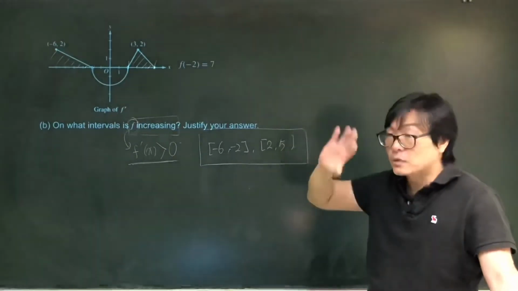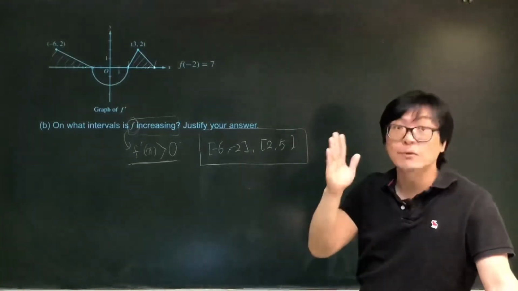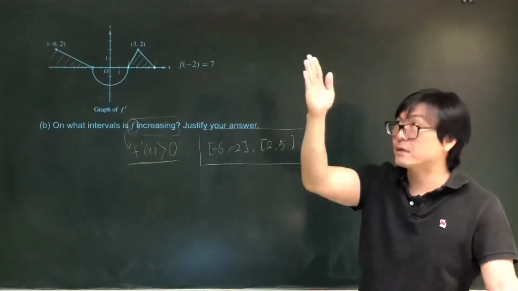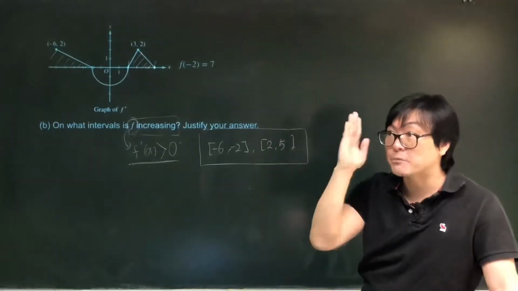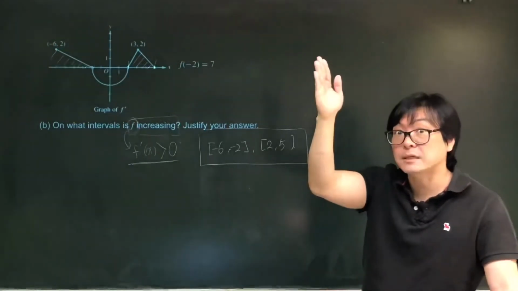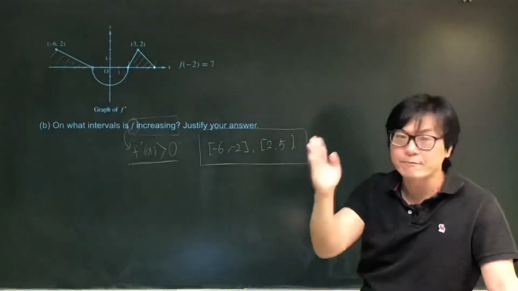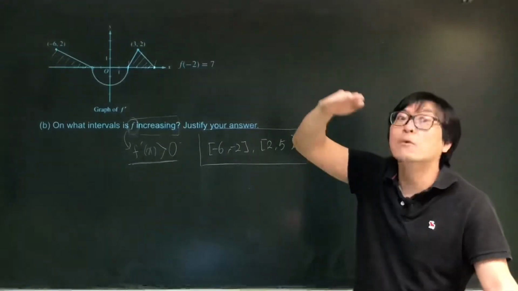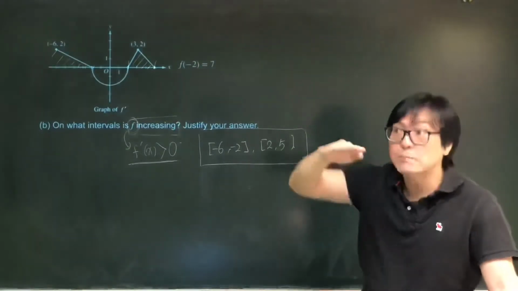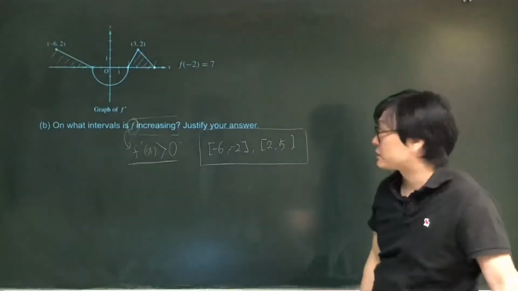So do not look at the shape of the graph, just focus on the information. To find out f increasing, we need f prime, and the sign of f prime must be positive to make f of x increasing. What does it mean by the positive sign for f prime x? That means if you have a graph of f prime x, the graph must be above the x-axis, not below. Only the position of f prime is important, not the shape of the graph itself.